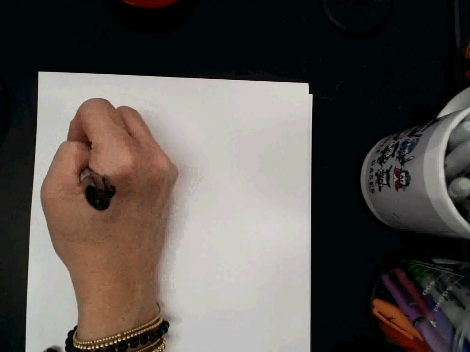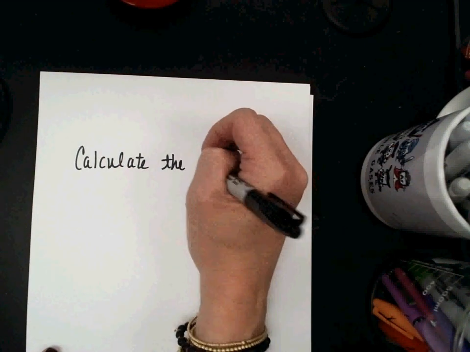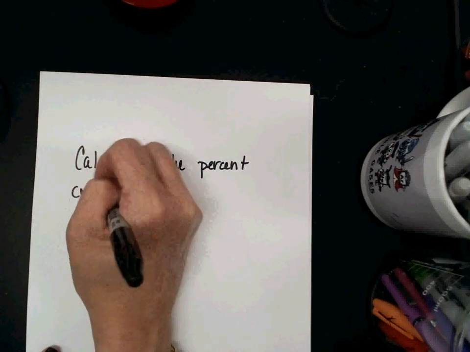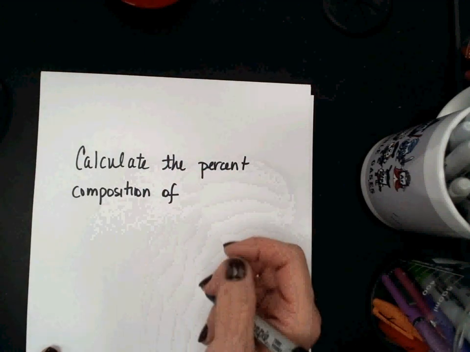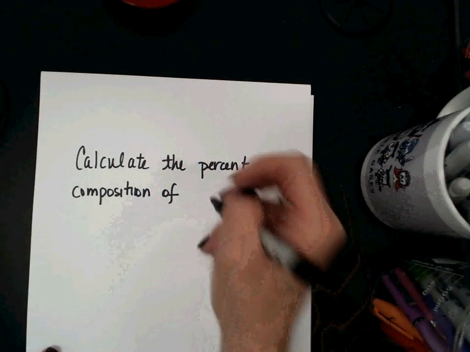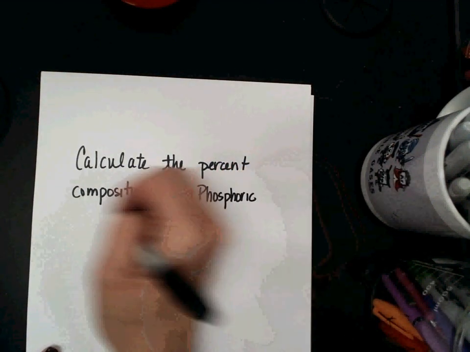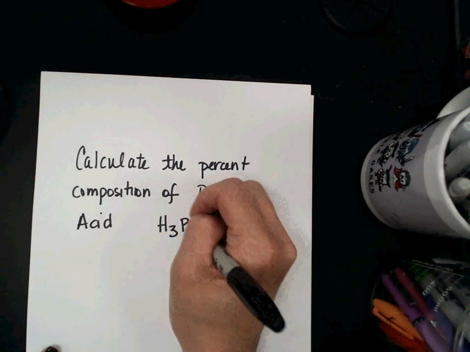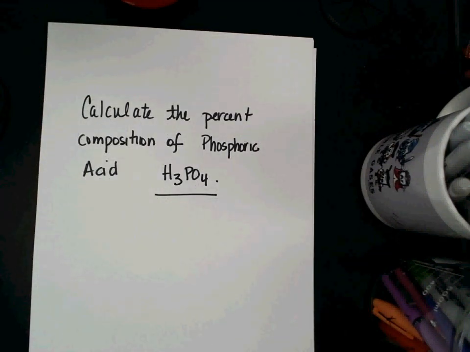All right, now I'm going to give you one to try all by yourself. So, I'll say calculate the percent composition of phosphoric acid, which is H3PO4.